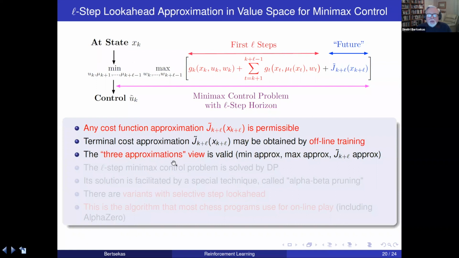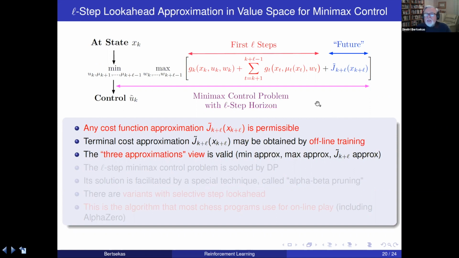Moreover, in these pictures, there are potentially approximations in 3 places. The 3 approximations: approximate this minimization by a simpler one, like a multi-agent one, for example. Approximate this maximization by something else, and approximate this J tilde.